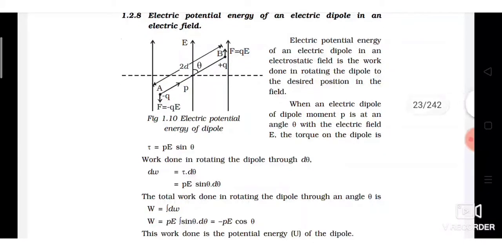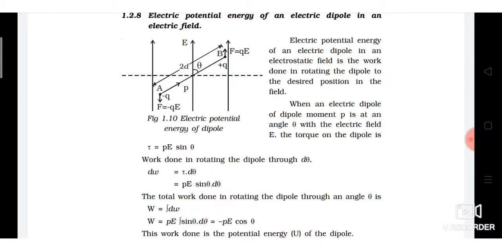The net work done is equal to the integration of dW. Substituting the value in the above equation, we get W is equal to the integration of pE sin theta d theta.